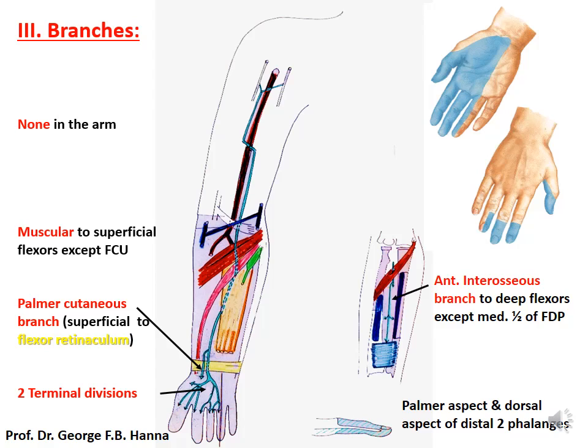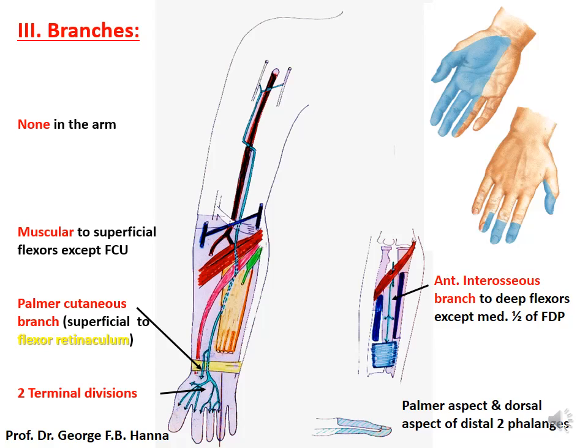In the hand, the two terminal branches of median nerve seem to follow the opposite plan to the forearm, meaning they only supply 5 out of 20 muscles of the hand. Meanwhile, they supply the lateral, just look to the upper diagram on the right side of the screen.